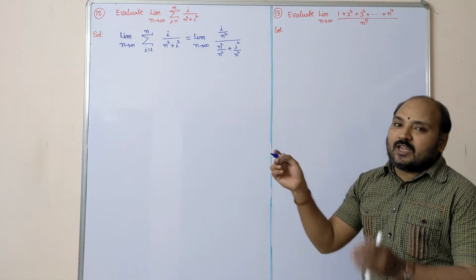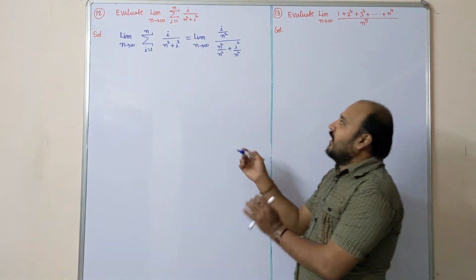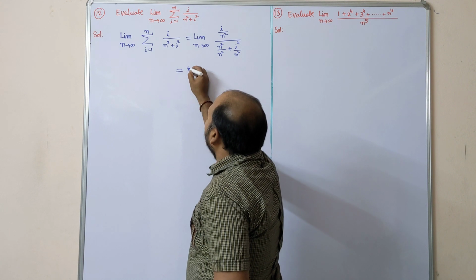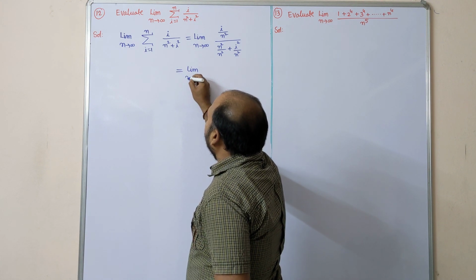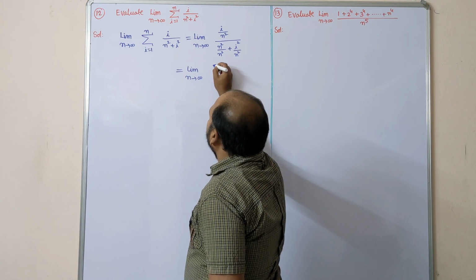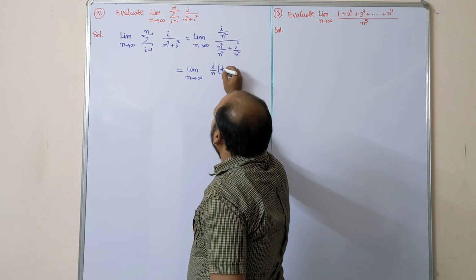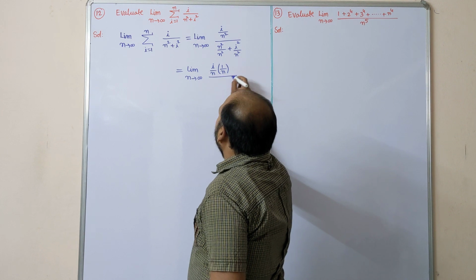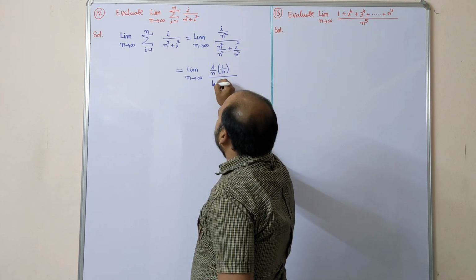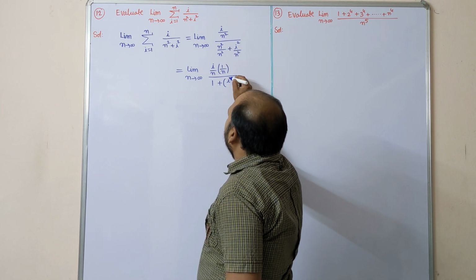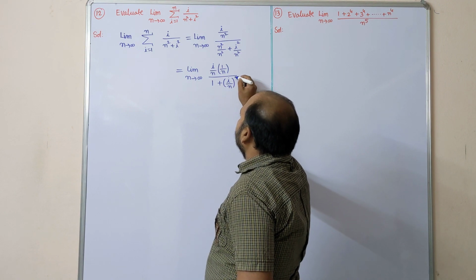I by n square can be written as 1 by n into I by n. Limit n tends to infinity, I by n into 1 by n divided by, here n square by n square is 1 plus I by n whole square, we can write it.